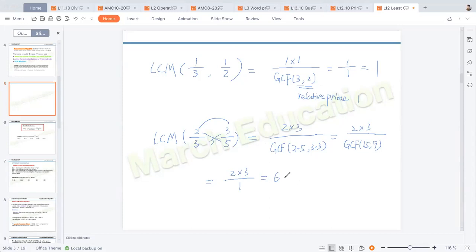Clear about this method? Yes or no? If you don't know how to use this, please type no. If you don't know how to use this, please tell me.